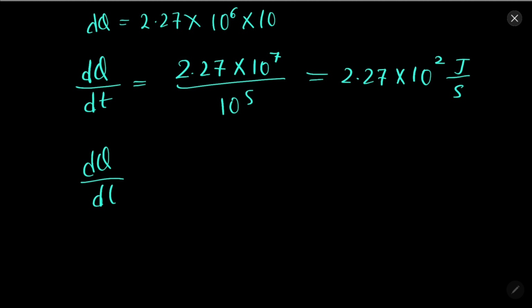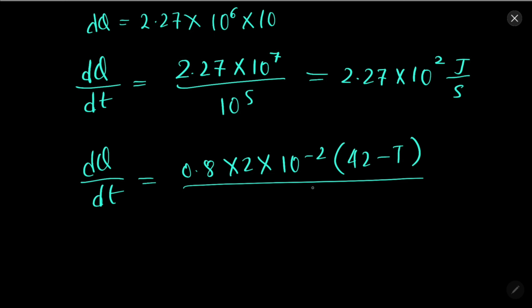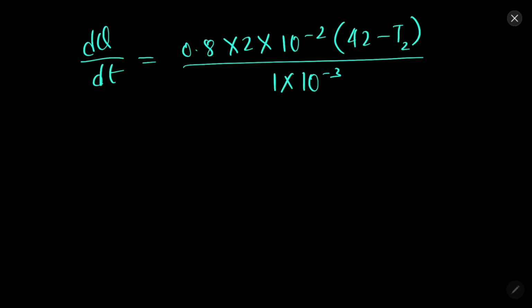We also know dQ over dt is K into area into (T1 minus T2) upon length. So 0.8 into 2 into 10 to the power minus 2, (42 minus T) over 1 into 10 to the power minus 3.